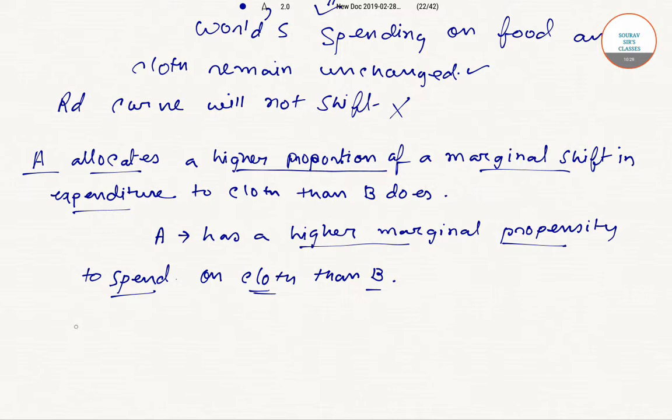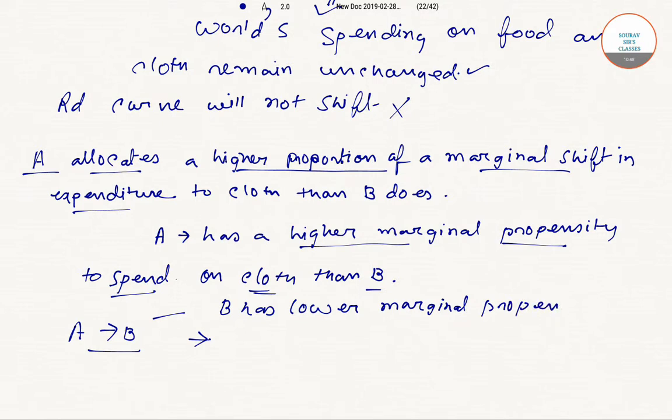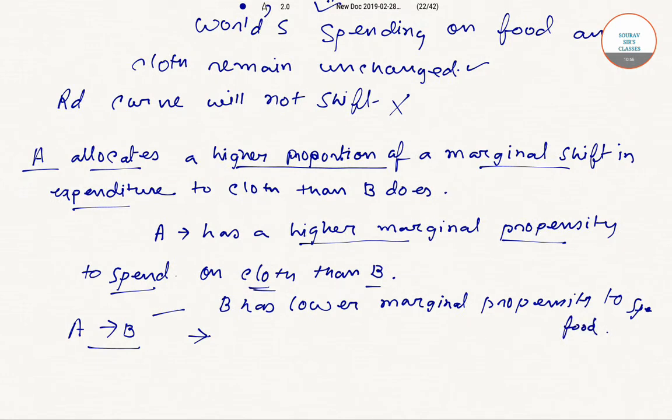So if there is a transfer of payment from A to B, as B has a lower marginal propensity to spend on food, as a result it reduces the world demand for cloth, as cloth production takes place in A. This means a reduction in cloth production and an increase in food production.